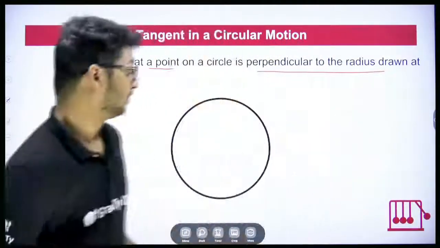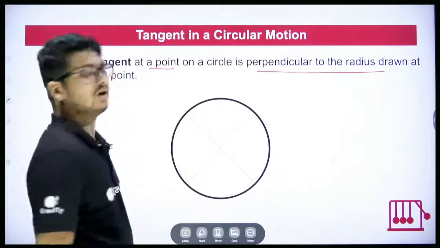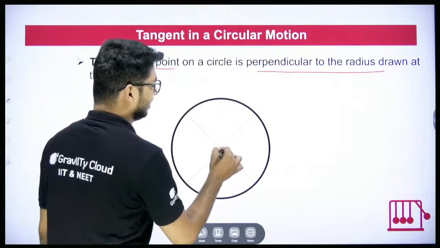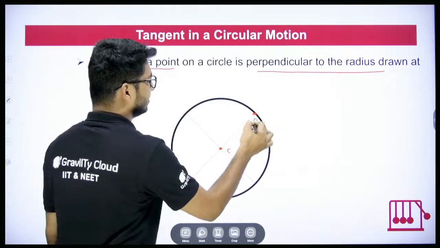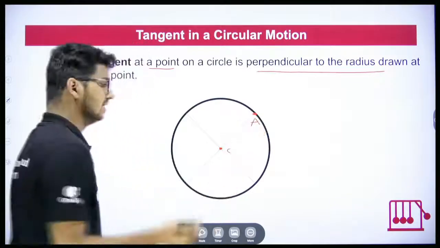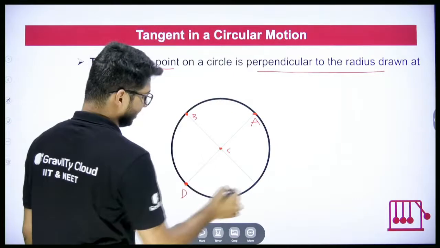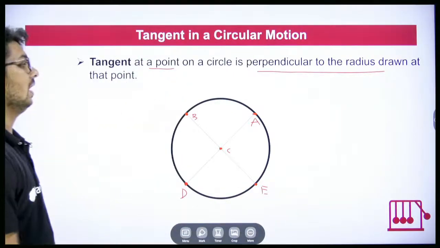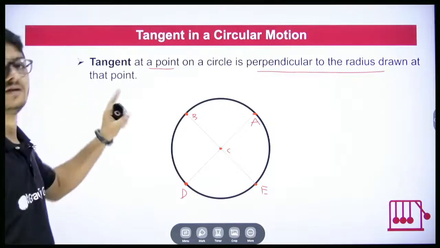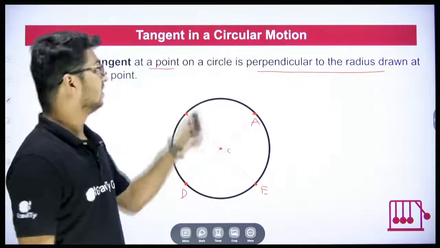That means this is a diameter, this is also a diameter, or we can say from the center to this point. If I call CA, CA is radius, CB is radius, CD is radius, CE is radius. Yes or no?